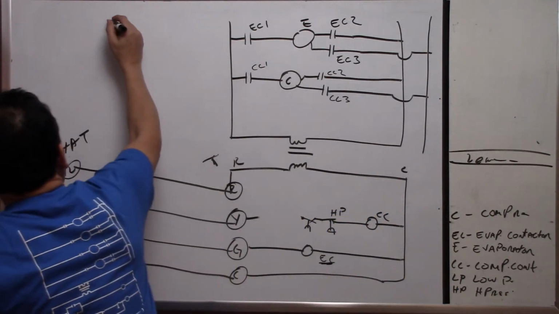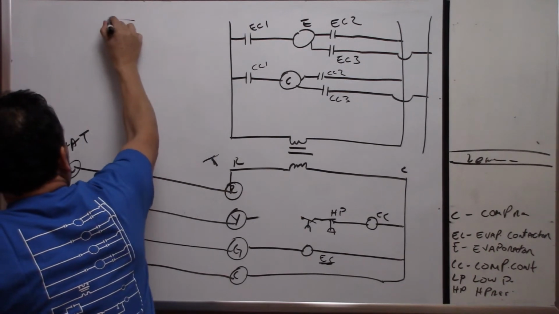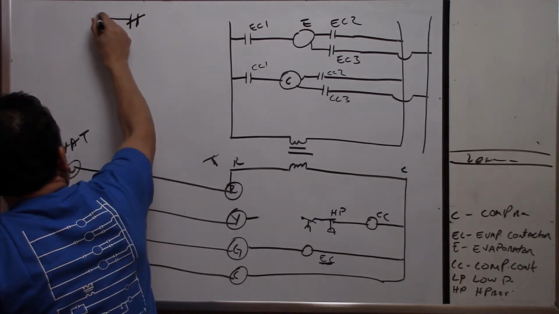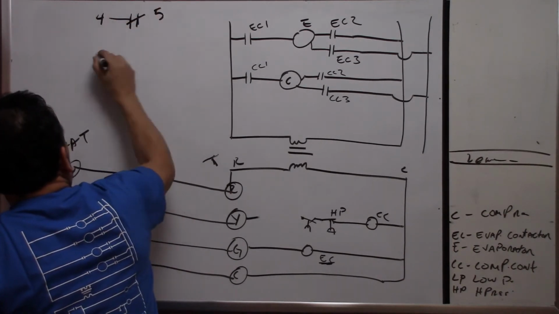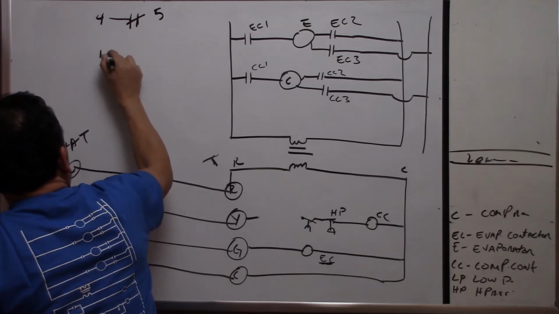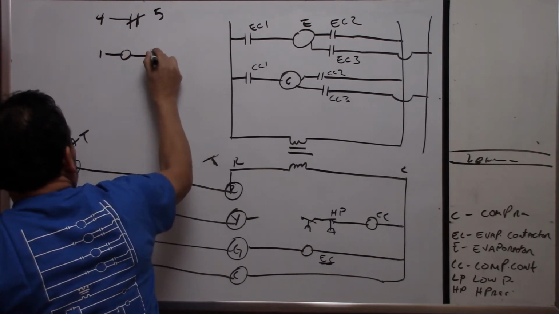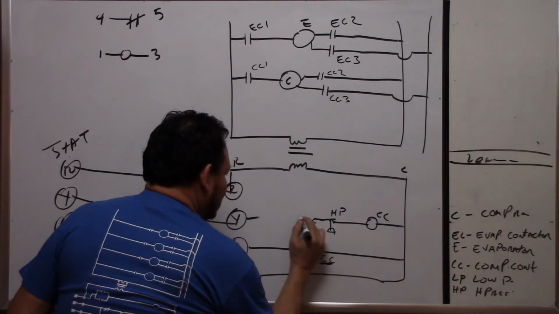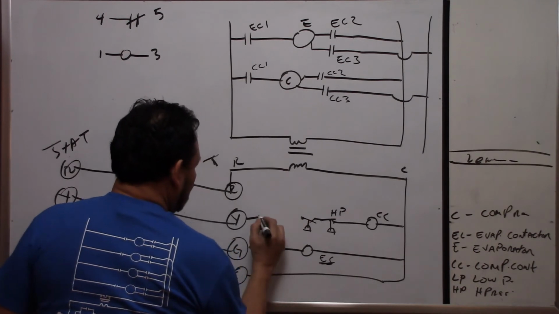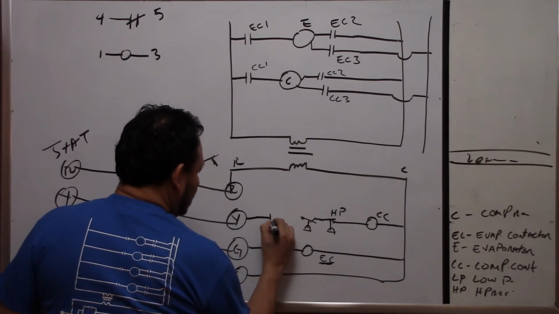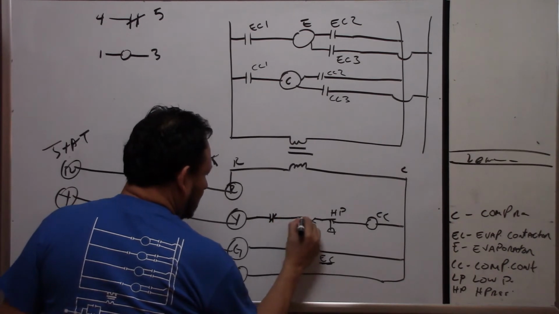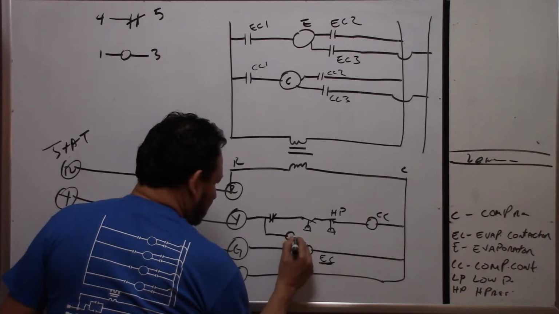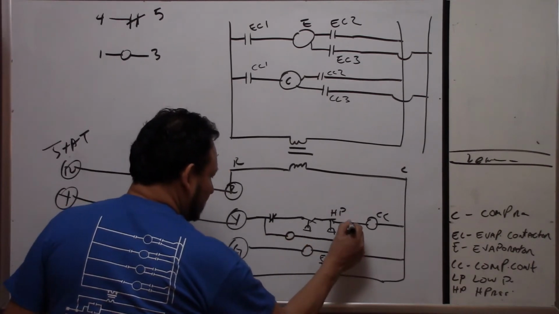And the way this relay is laid out is as follows. This is 4, 5, 1, and 3. Okay, now we're going to put the lockout relay in between, before the low pressure switch, with one here, and then the other one is going to fit over here like so.